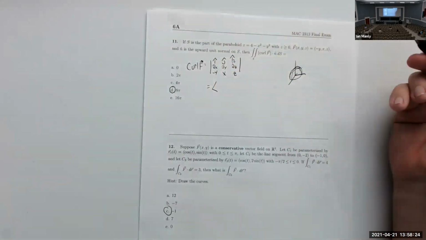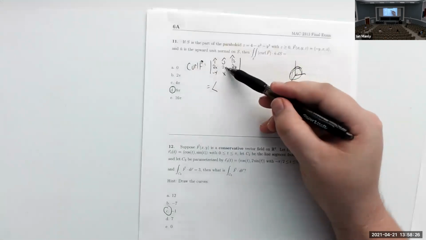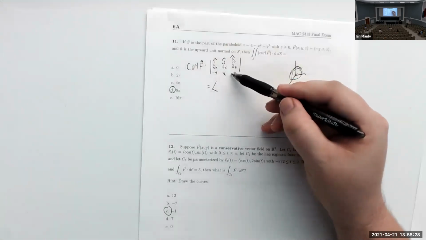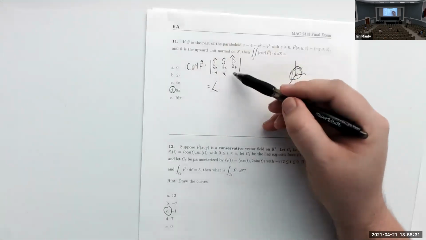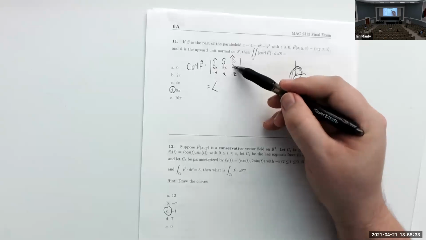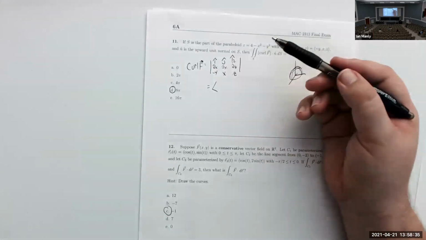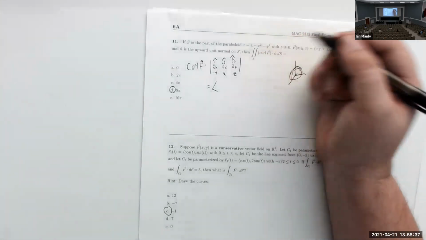For the i component, we do the y derivative of z, that's 0. And then we do the z derivative of x, which also seems to be 0 here.